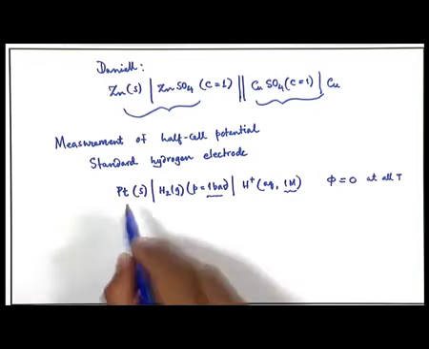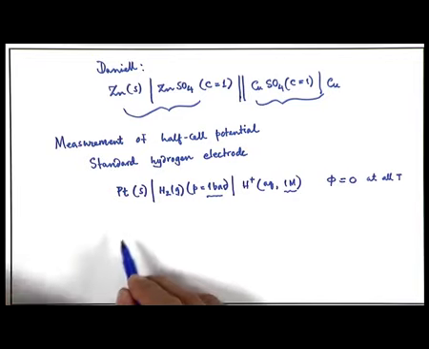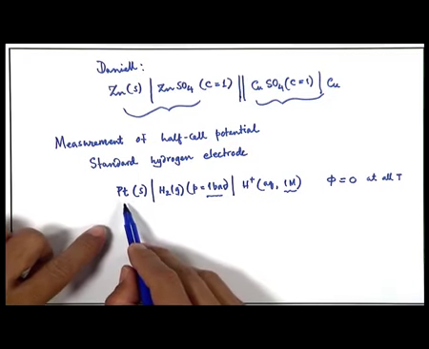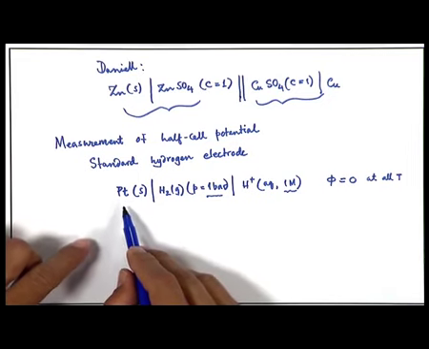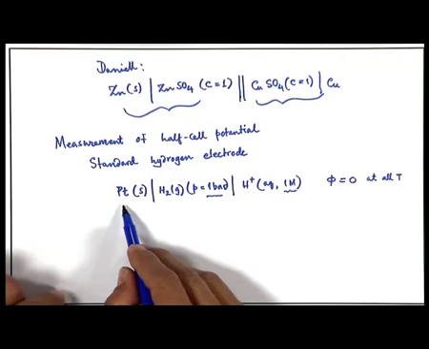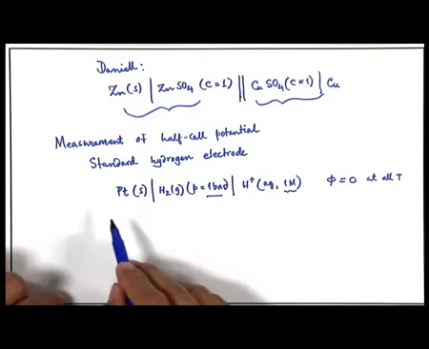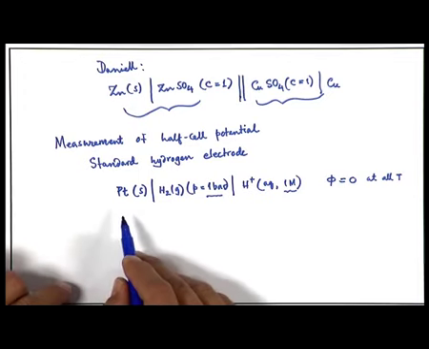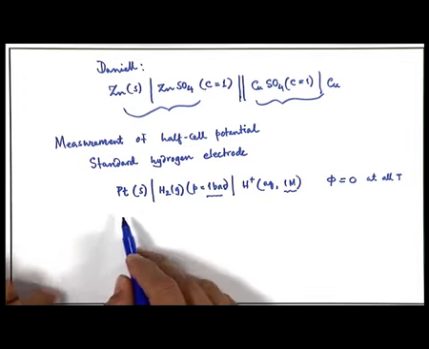So, it is a platinum solid. Now, basically it is a platinum wire or platinum plate on which finely divided platinum particles are coated. So, it is a platinized platinum electrode.